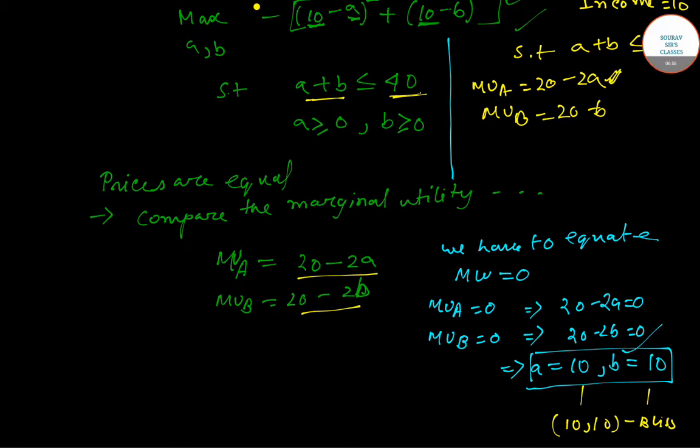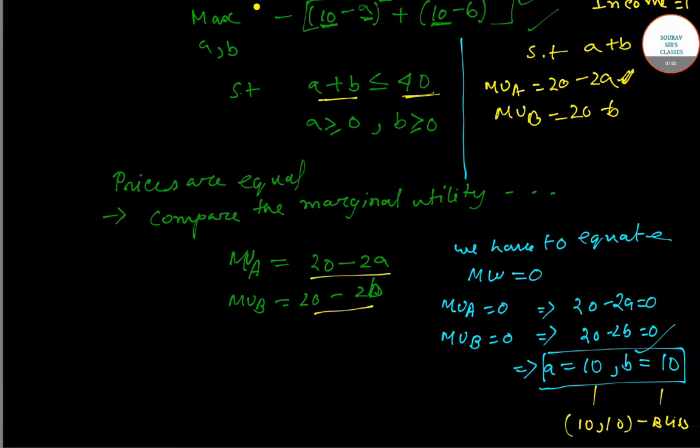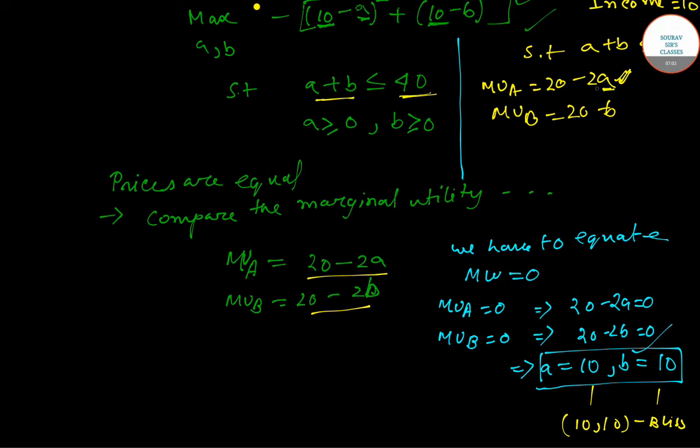If a is 10, then MU a becomes 0, but MU a is only positive when a is less than 10. So this is not possible.